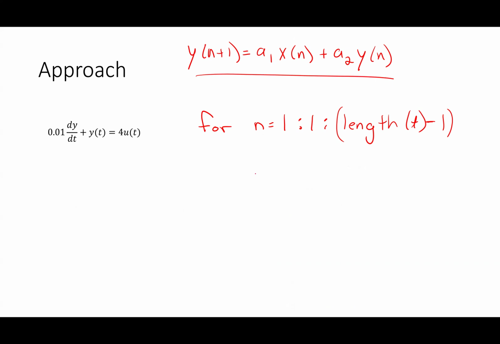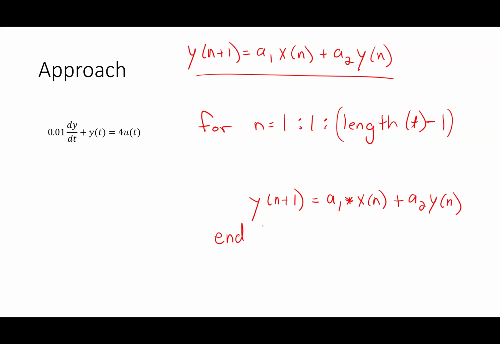I can just write in here y of n plus 1 is equal to A1 times x of n plus A2 y of n, and end the for loop like that. Okay. There's one catch to that. It's going to happen the first time I go into this. I'm going to need to have a y vector, an array, that already exists, right? That I will need to have.